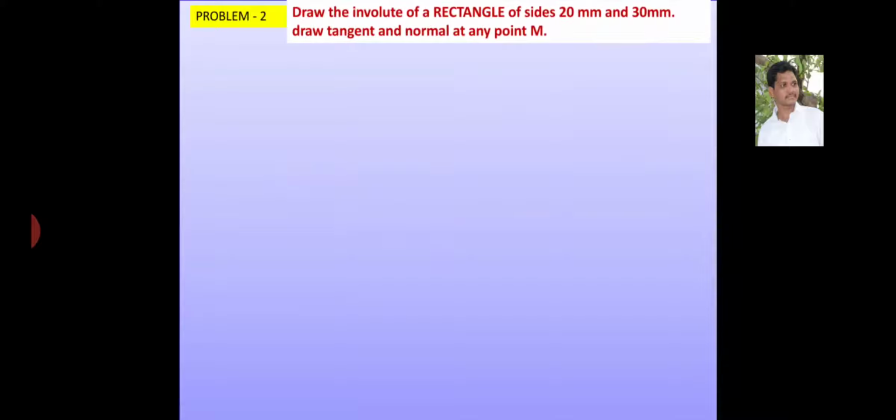Now coming to another problem. Draw the involute of a rectangle of sides 20 mm and 30 mm. Draw tangent and normal at any point M. So here the rectangle has two pairs of equal sides, therefore first of all you have to construct a rectangle of sides 20 mm and 30 mm.